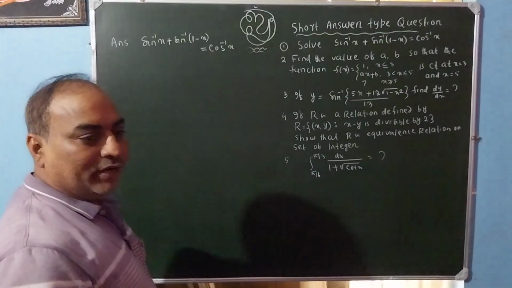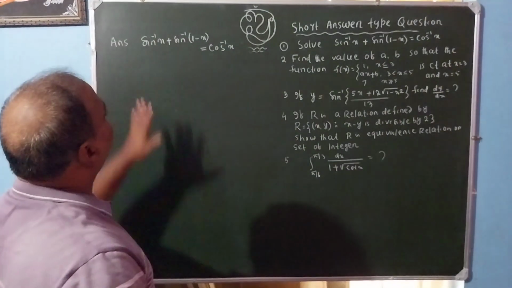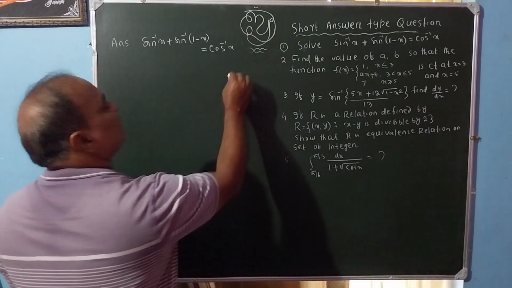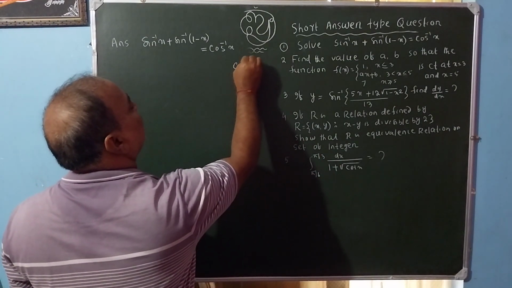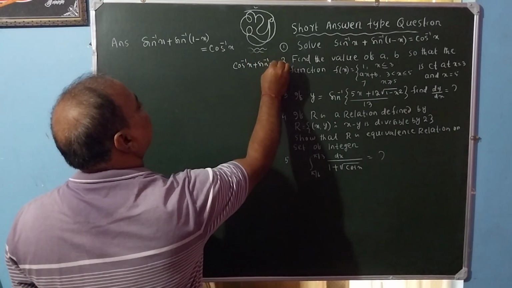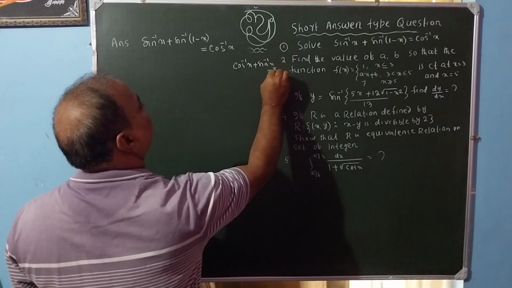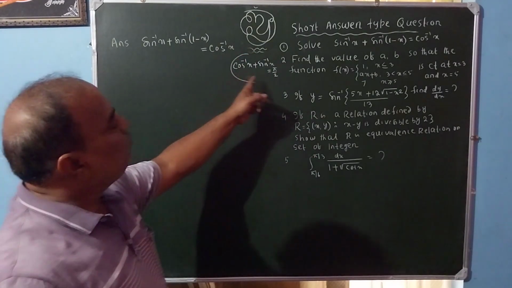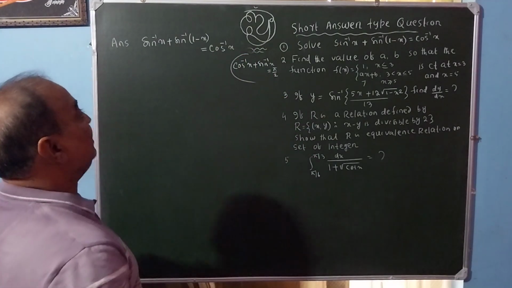How can you solve this type of inverse trigonometric function? We know cos inverse x plus sin inverse x is equal to pi by 2. So in place of cos inverse x we put pi by 2 minus sin inverse x.